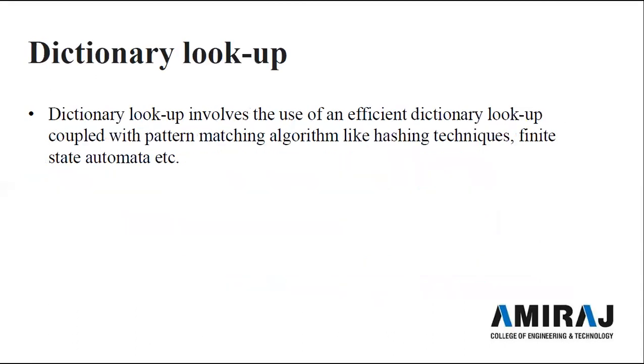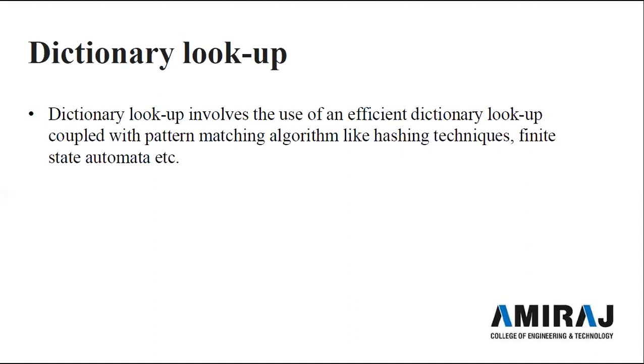Next is dictionary lookup. Dictionary lookup involves the use of an efficient dictionary lookup coupled with pattern matching algorithms like hashing technique, finite state automata, etc. So in dictionary lookup, we try to look at the dictionary. If we do not know the meaning of some word, or if we do not know how to spell that word, then we go to the dictionary, check for that word, and then write the correct word.